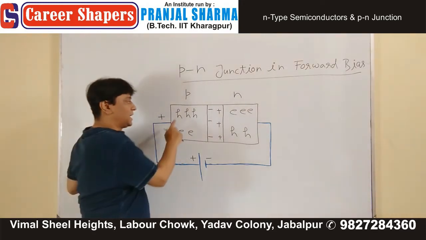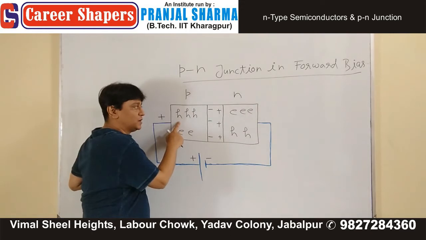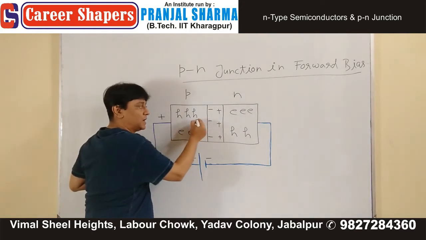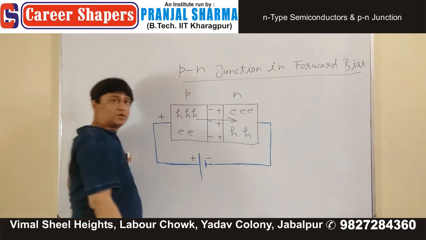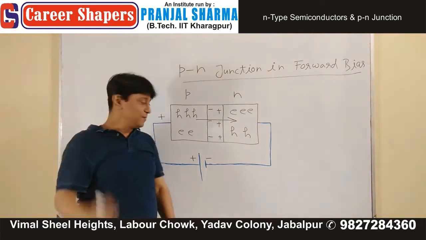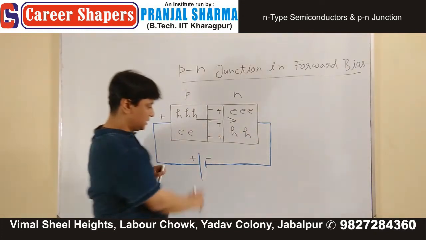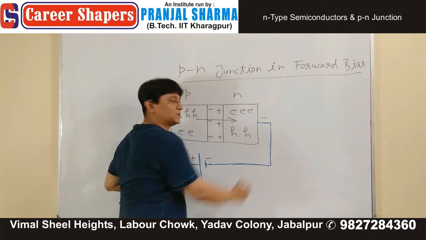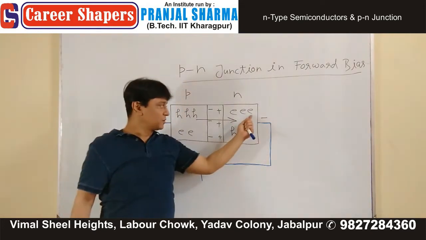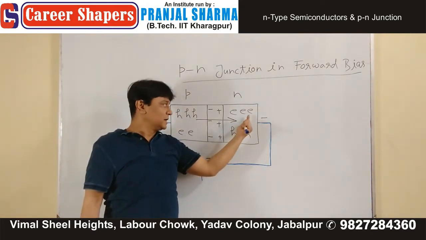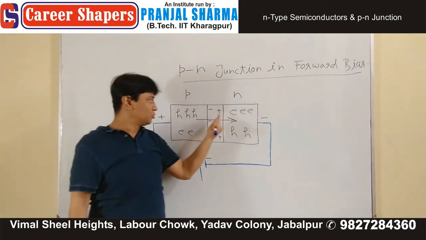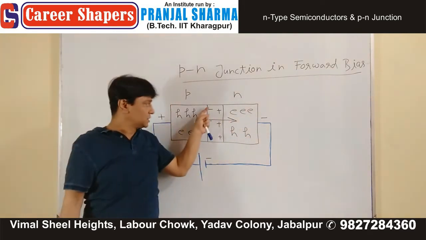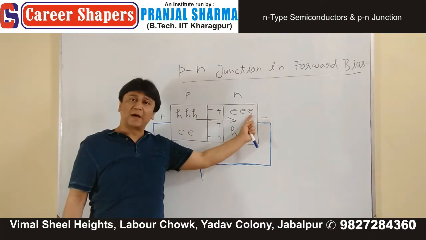The moment it gets that extra 1 joule of energy, it starts again moving in this direction. Same thing happens over here. This side is negative, this terminal is negative. This electron doesn't have sufficient energy to move to this side because this negative charge is repelling it.